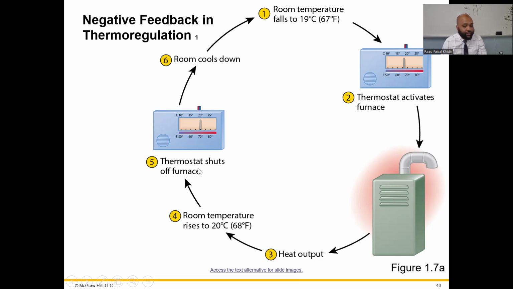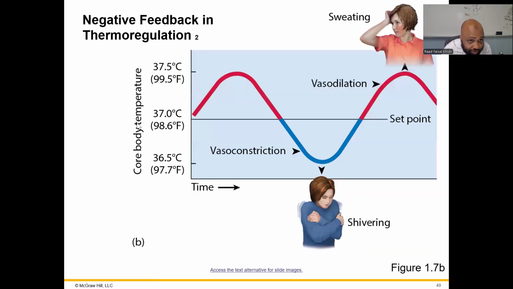This is what's happening with the thermostat outside the body. Inside the body, we have these regulatory processes. You see here in thermoregulation, there's negative feedback. Remember, time is the independent variable. We cannot change it, but what changes is the temperature. If you look at the core body temperature, the normal set temperature is 37 degrees Celsius.